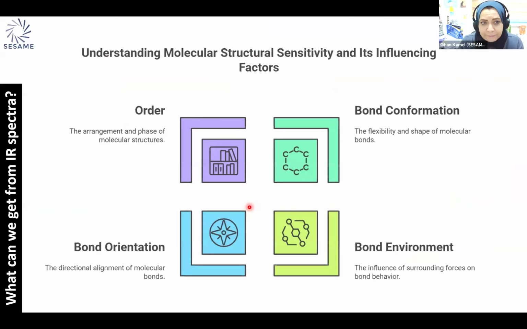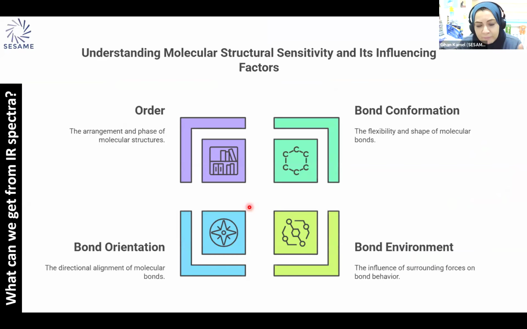Also, we get information about molecular structure sensitivity and how different factors influence the investigation. You can get information about the order, the molecular structure arrangement and phase in your samples, and about the bond conformation, the bond environment, as well as the bond orientation.